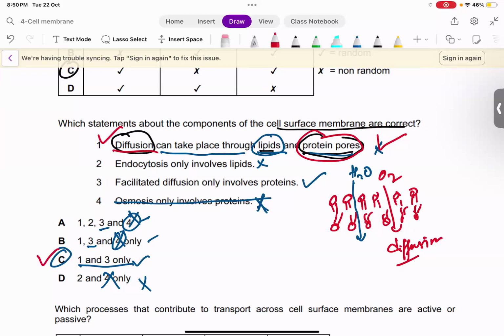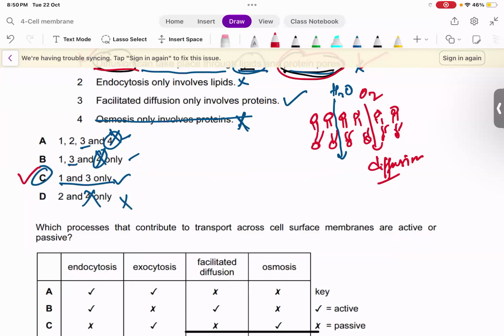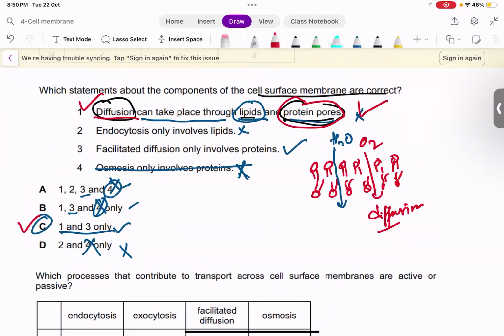Hope you've understood it. You might sometimes get such tricky questions where the rejection method may be more valuable than finding the correct statement. You will have to reject the wrong statements.